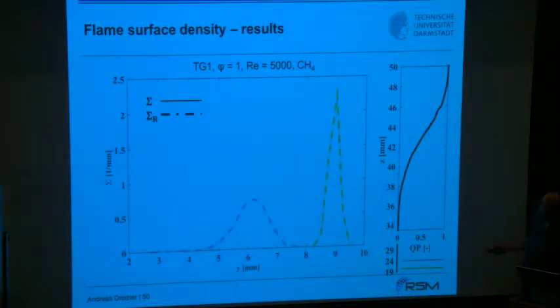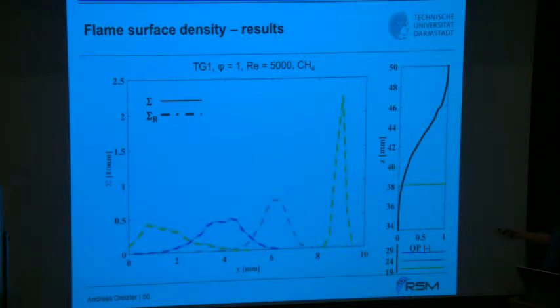Now you go further downstream, and maybe I do this a bit faster, where it comes closer to the wall, and the distribution is getting broader at the expense of the height of that peak.